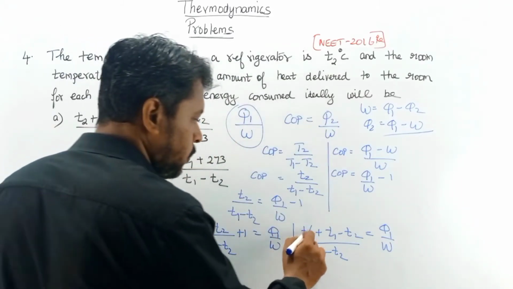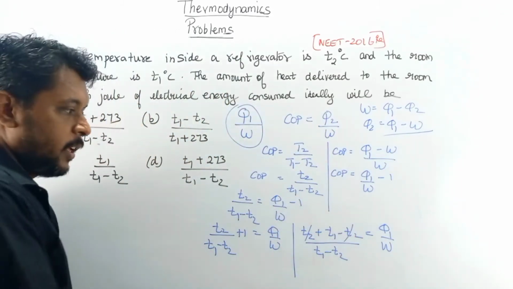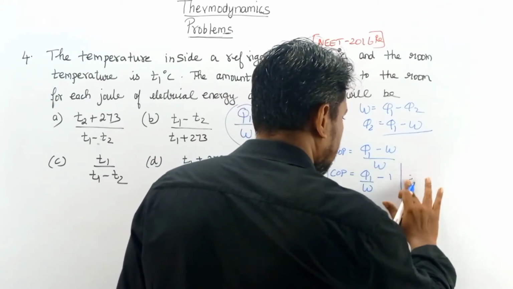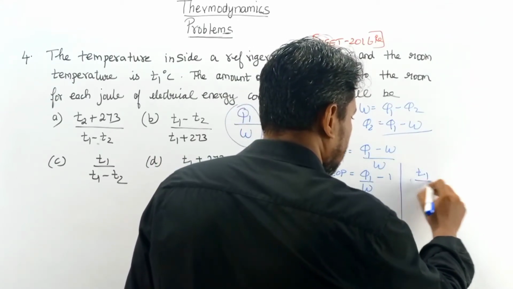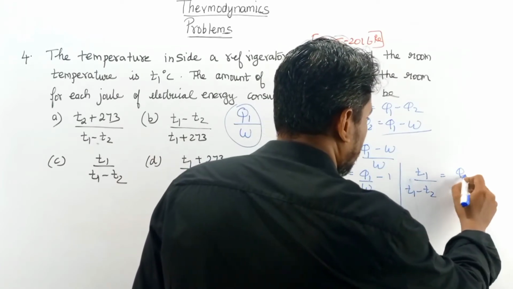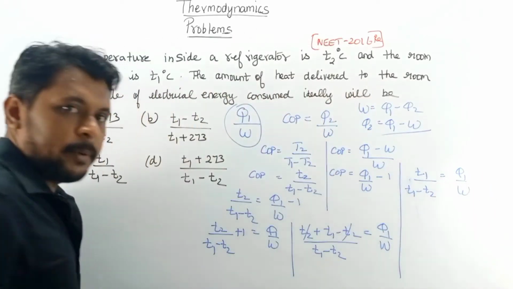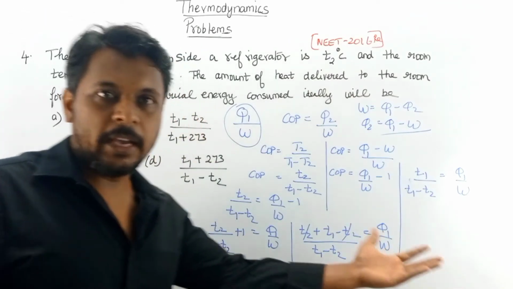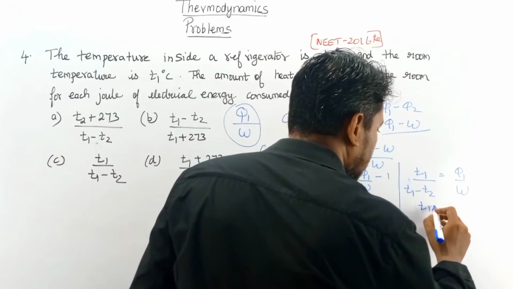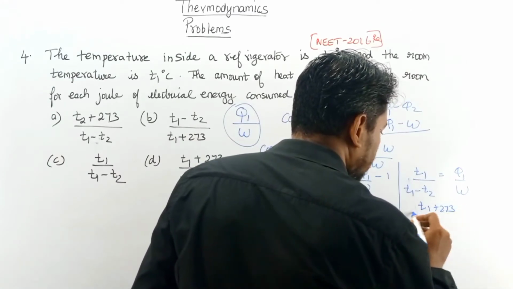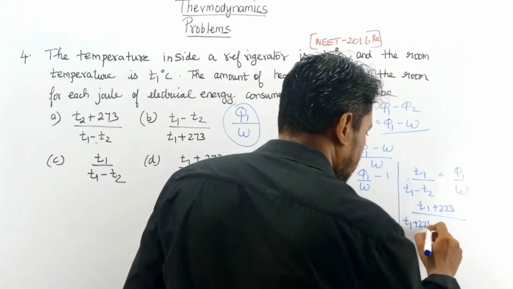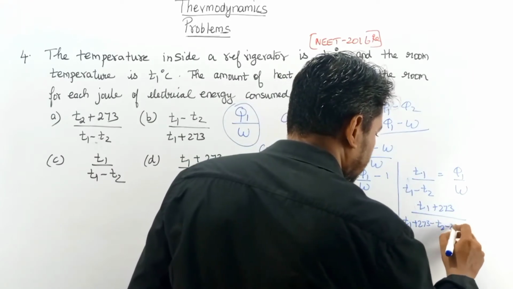From this, T2 will get cancelled. So what is remaining here is T1 by T1 minus T2, which is equal to Q1 by W. Now I'm going to represent the temperatures in Kelvin. If it is Kelvin, then the top value could be written as T1 plus 273, and the bottom it is T1 plus 273 minus T2 minus 273.